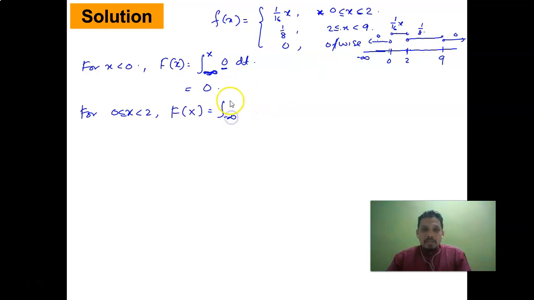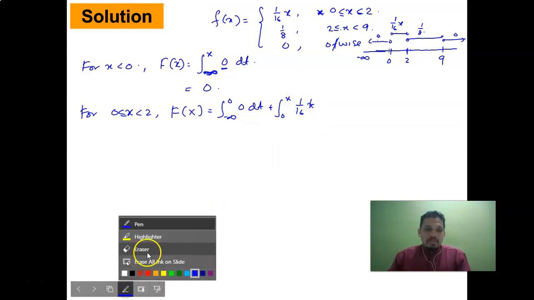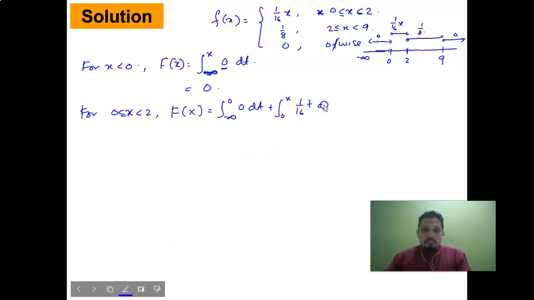From negative infinity until 0, 0 dt, plus 0 until any value of x that lies between 0 and 2, and the function is 1 over 16 t. Change the variable x to t. The reason is we change the variable to t for a while. Once we substitute x into this function of t, we end up with the function F(x).